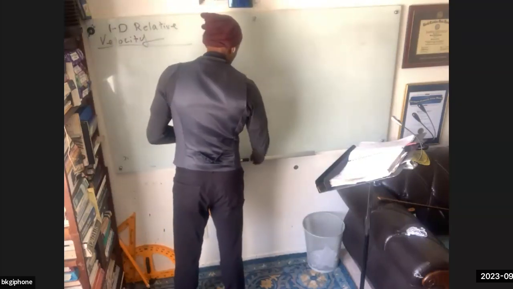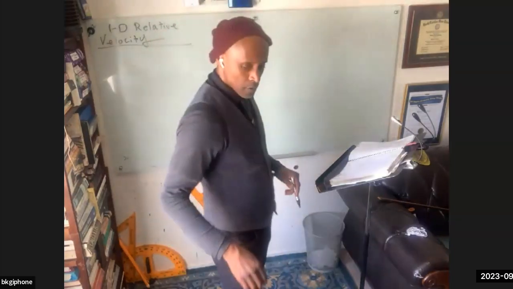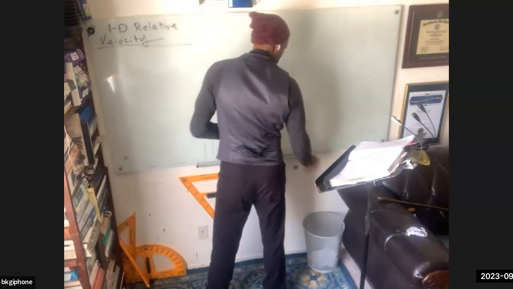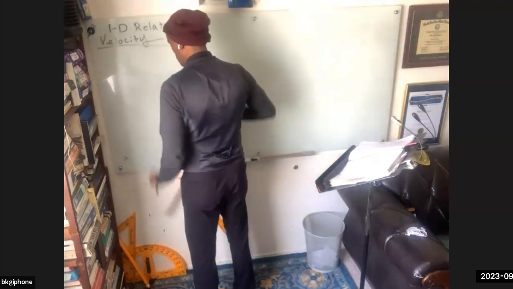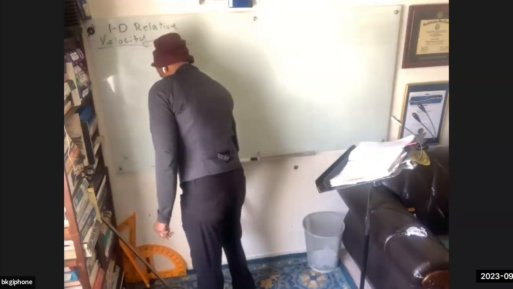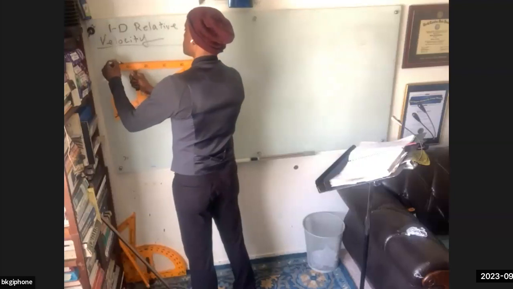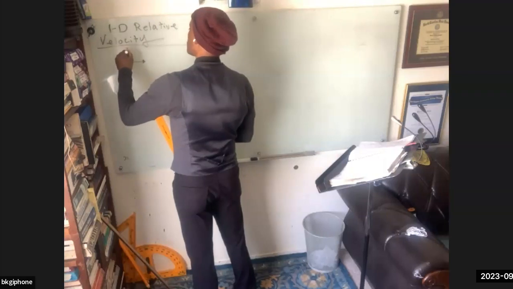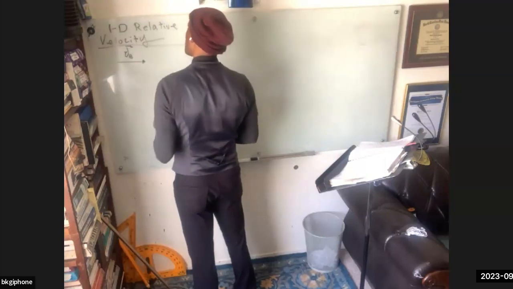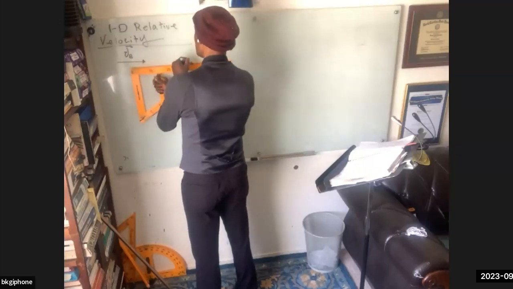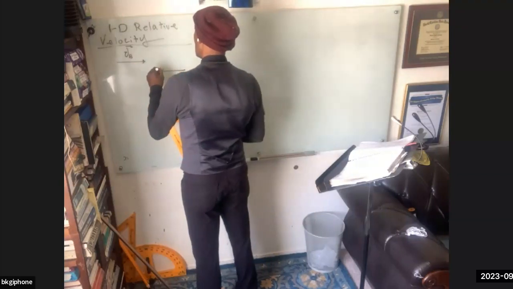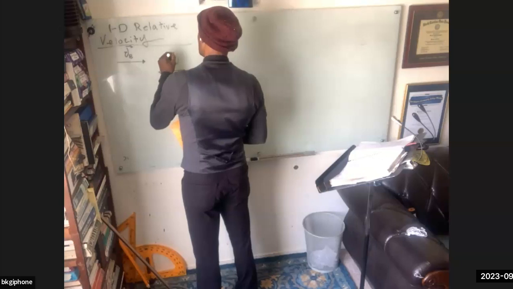If you have a bird flying along to the right, with velocity VB, and you have a headwind, I'll call this the velocity of the wind.